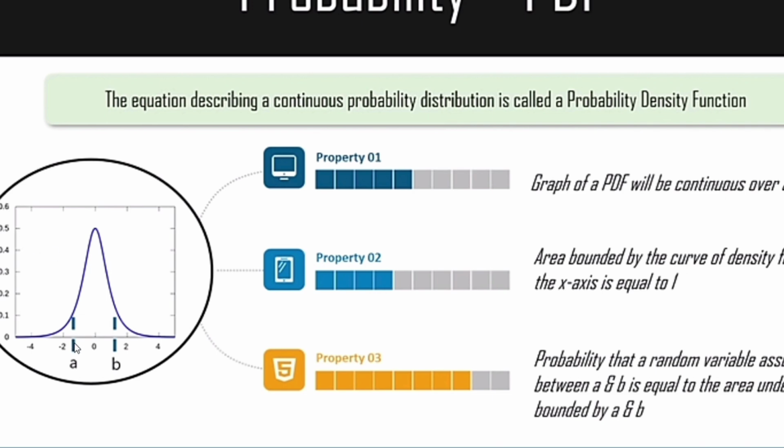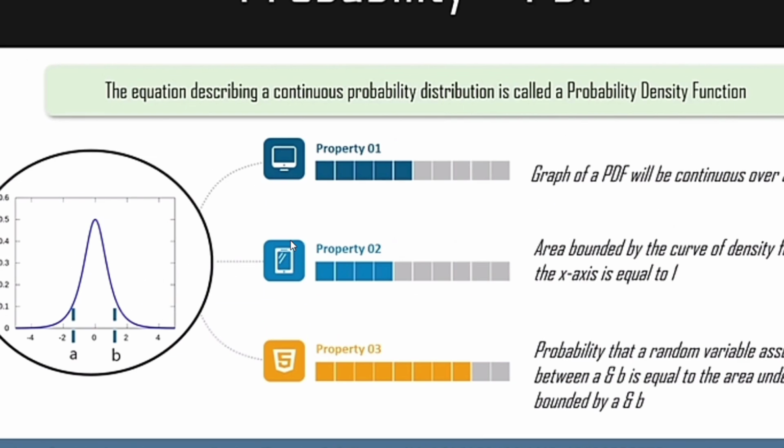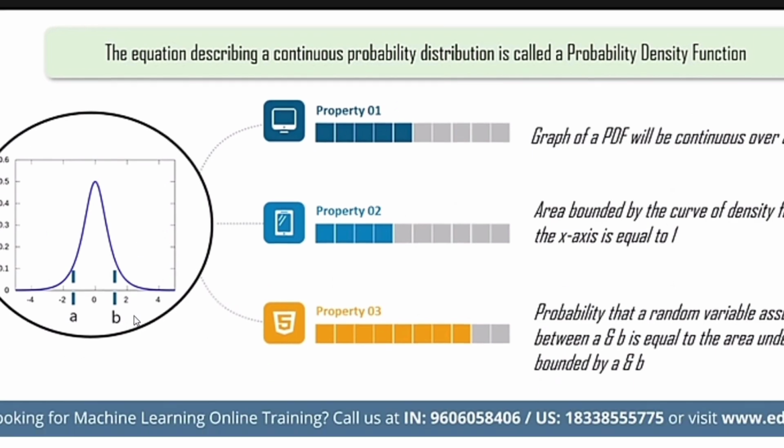If you want to find the probability between A and B, the area must be between A and B. This is called the probability density function. So the density is there between A and B. This is called the probability distribution function, PDF.